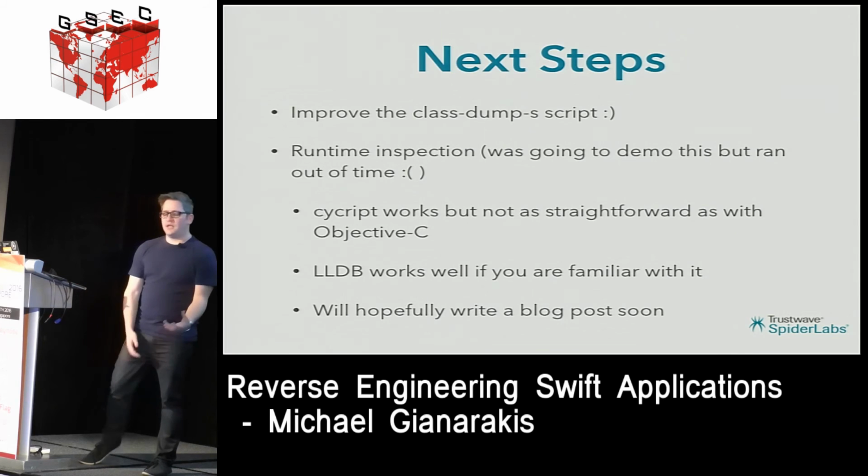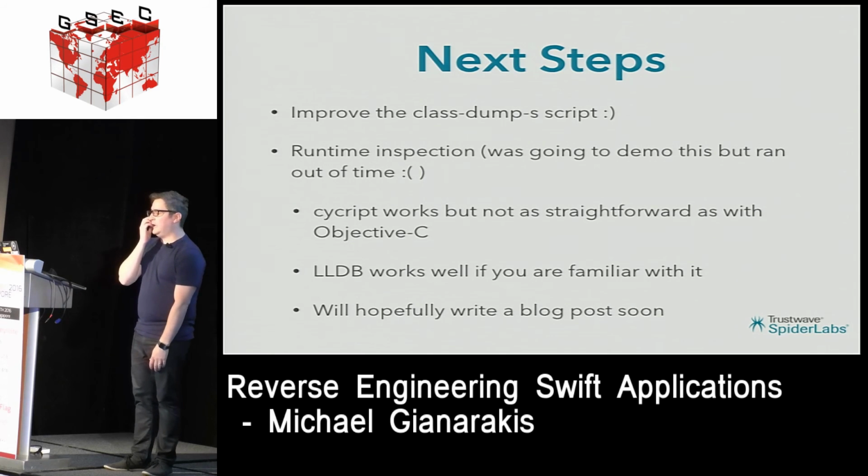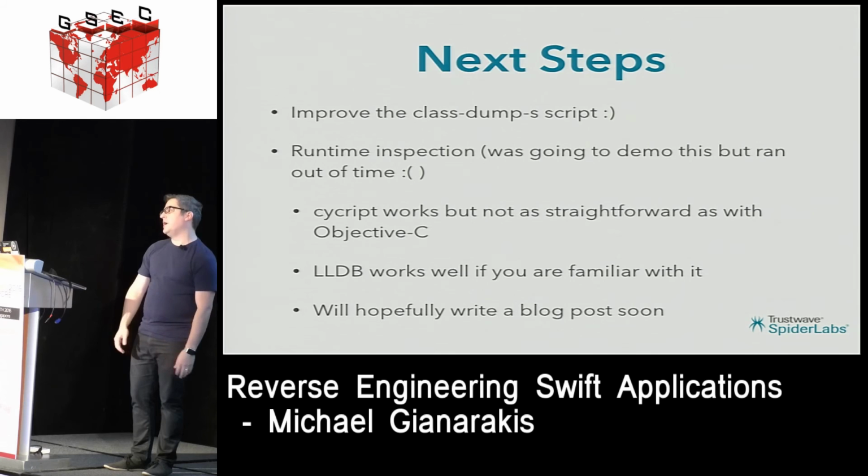Cool, so next steps. I want to improve the class.s script. Some of the limitations at the moment are that it's OS X specific because it shells out to swift-demangle, which I don't like anyway. So maybe implement some kind of demangling logic within the script itself.